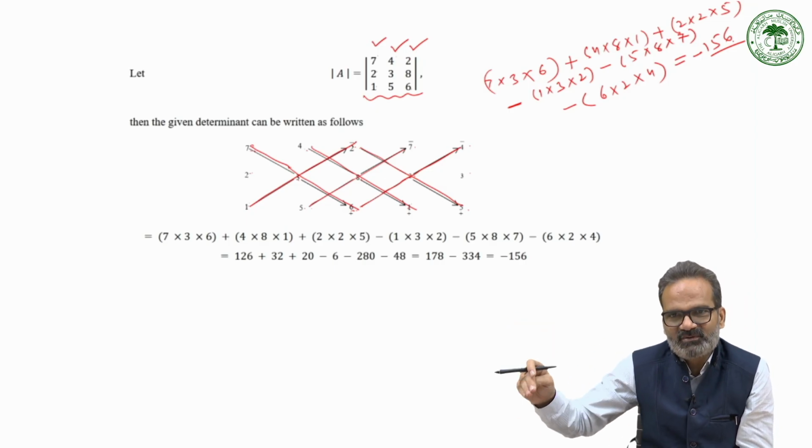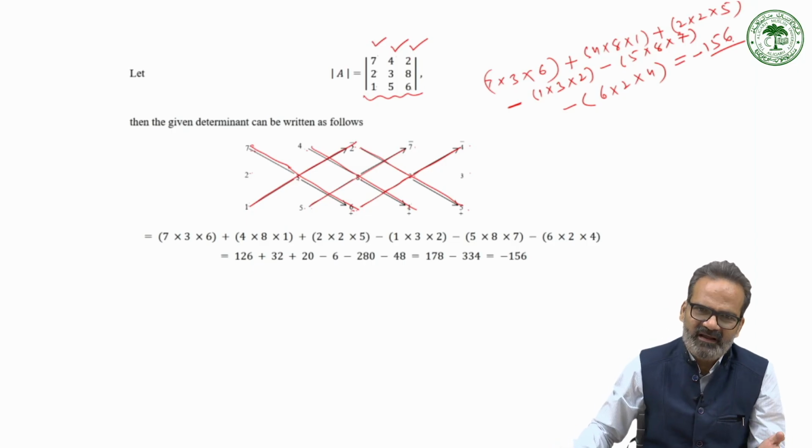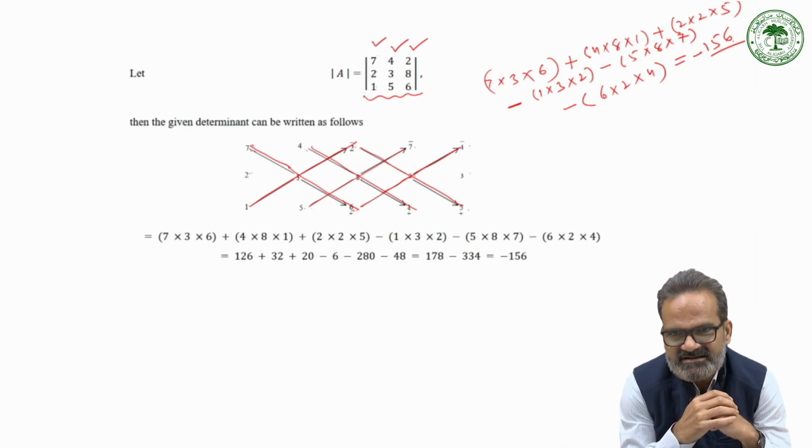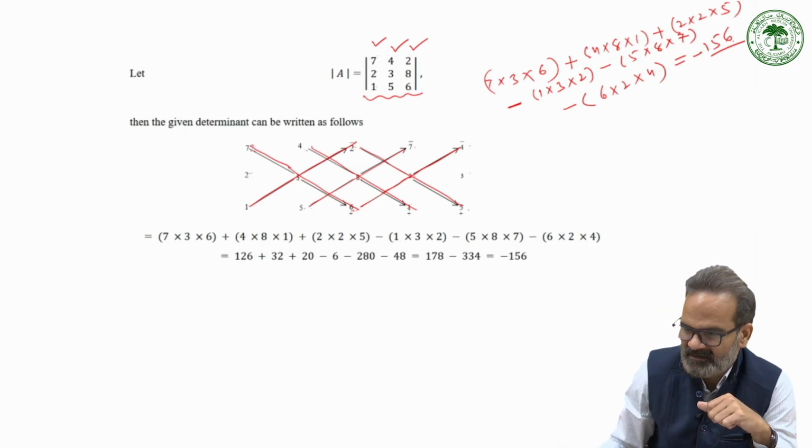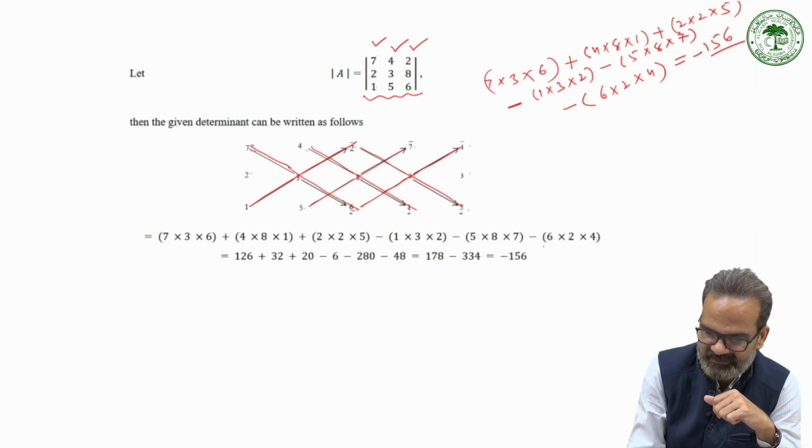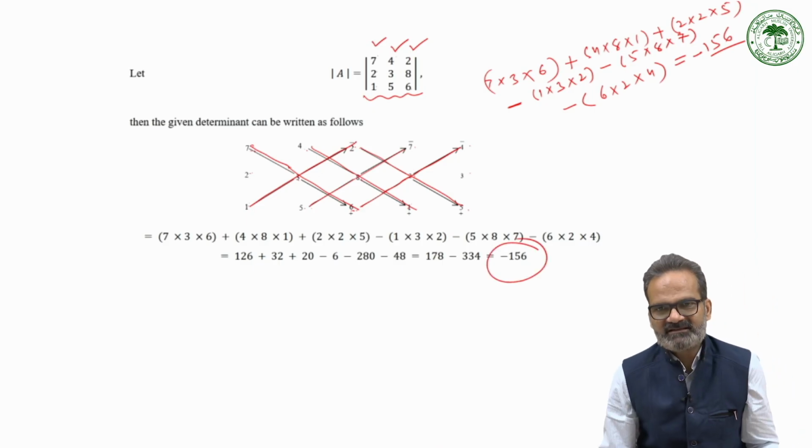And then you can simplify it. What you get will be considered as the value of the determinant. Here it is coming out to be minus 156.